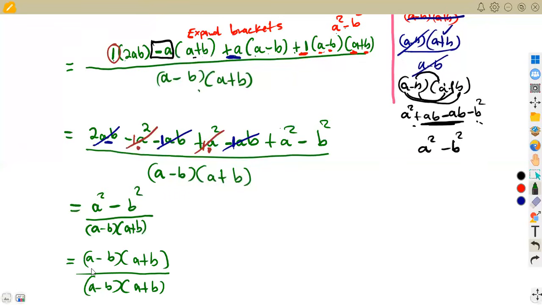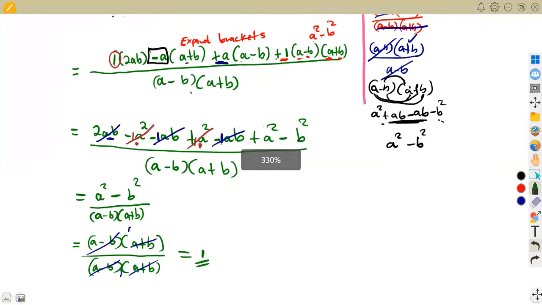If we check this, it can cancel, meaning we remain with 1 over 1, and 1 over 1 is the same as 1. So yes, that is what will be required.